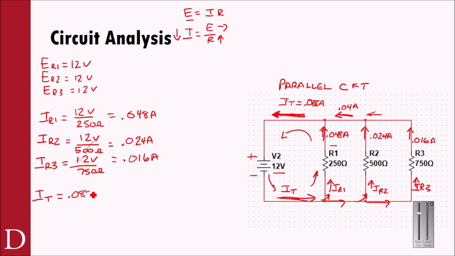And you can check that. Good idea to bring a calculator for the midterm, by the way, just so you can check your work. 0.048 plus 0.024, don't make a silly arithmetic error here, plus 0.016. I get 0.088 amps. If I then wanted to calculate, let's say, the total power, well, then I know that's IT times ET, right?